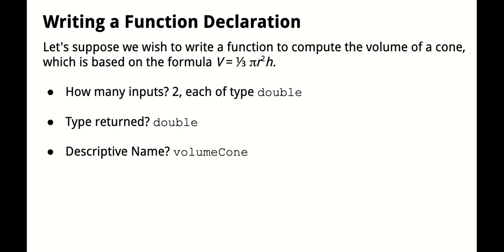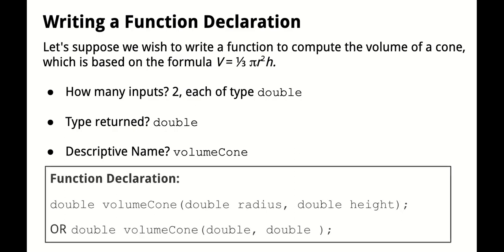So our function declaration statement is going to capture all of that, and here's what it would look like. You could write double volumeCone, so double is the return type, volumeCone is the name of the function, and then in parentheses establish the type and oftentimes the name of the inputs to expect to the function, so double radius, comma, double height. A declaration doesn't technically have to provide names for the inputs.